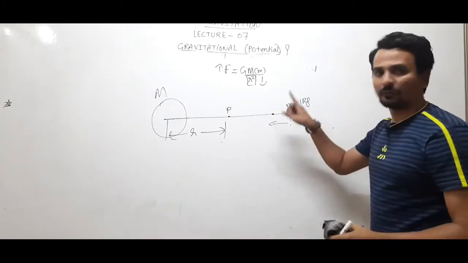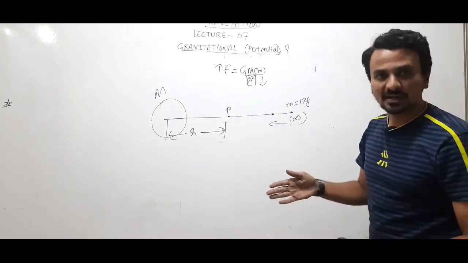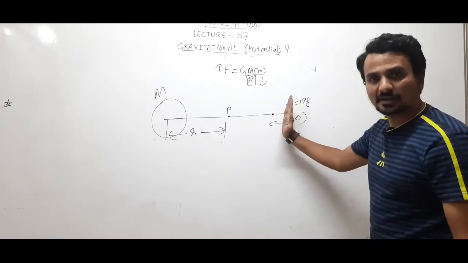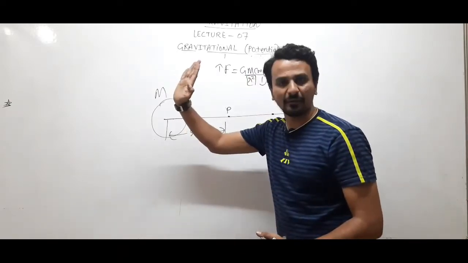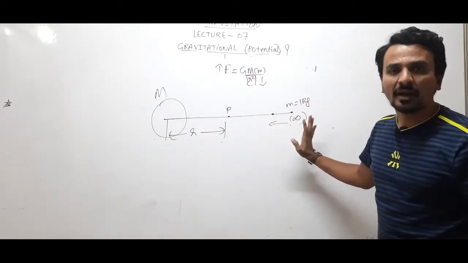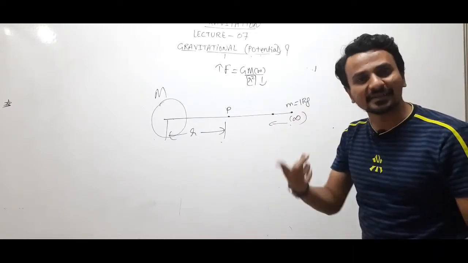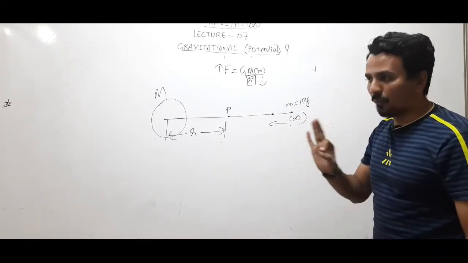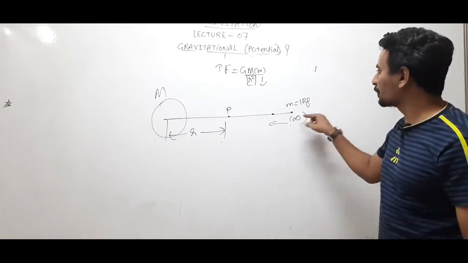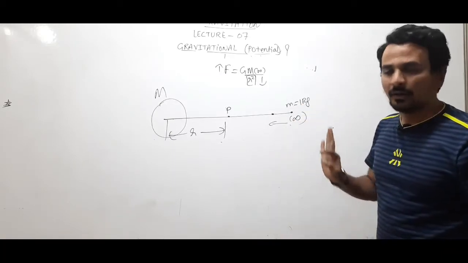So this unit mass will experience more force, and because of it will have increasing velocity. Velocity of this mass will increase, and if velocity increases it will have acceleration. We don't want that. We don't want a unit mass to have acceleration.